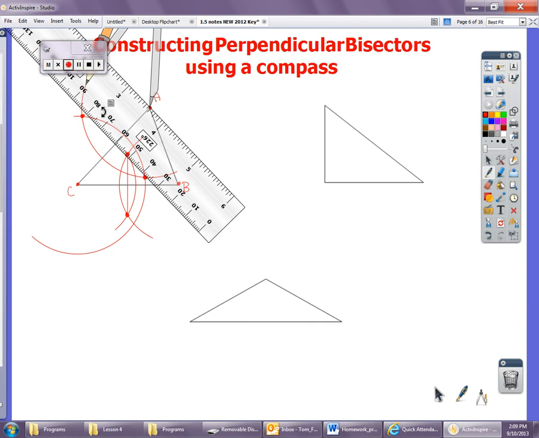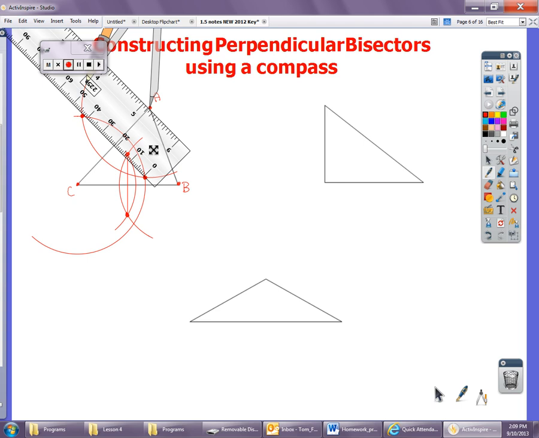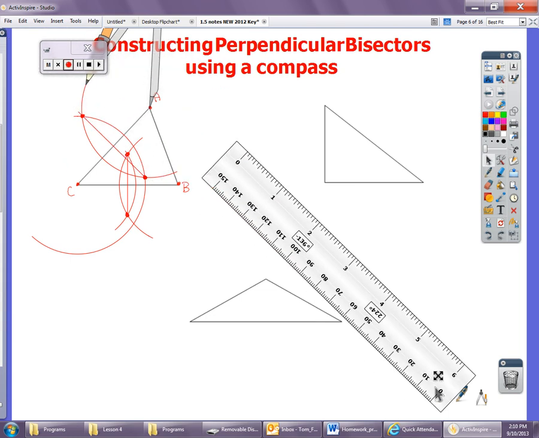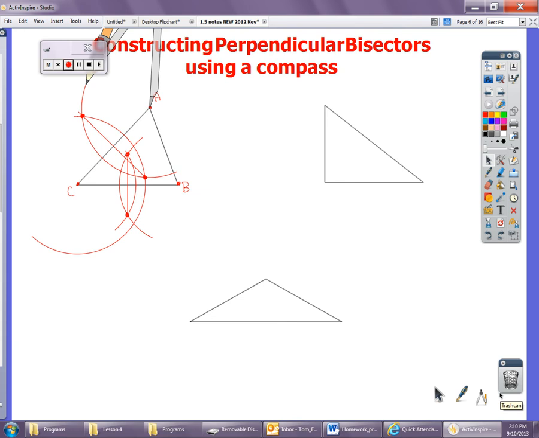I should just put 0 on it, easier because it moves from 0. Okay, so now I have my 2 points, and I'm going to draw my straight line to those 2 points. So now I have the perpendicular bisector of AC. It's this line right here. I have the perpendicular bisector of BC, which is this line.